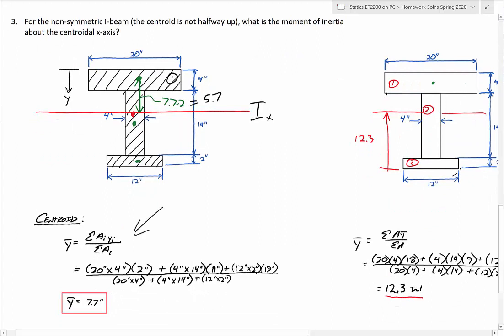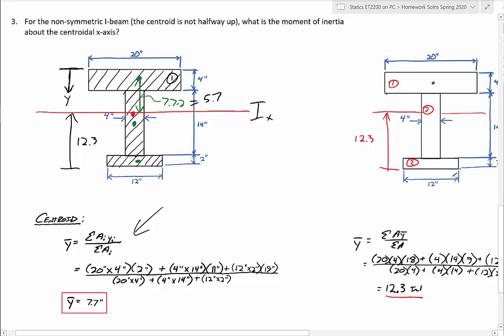I have our equation, sum of our AY divided by our sum of our A's, and that gave me 7.7 inches. Now I decided to go from the top down. I can't exactly remember why that would be any better. You could just as easily go from the bottom up, and if you went from the bottom up, you'd have 20 minus 7.7, which would be 12.3.